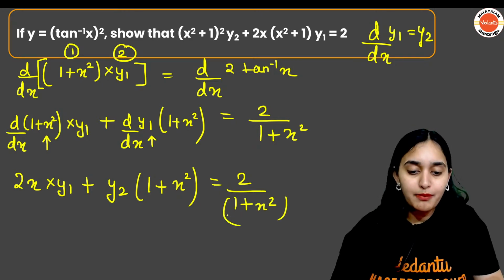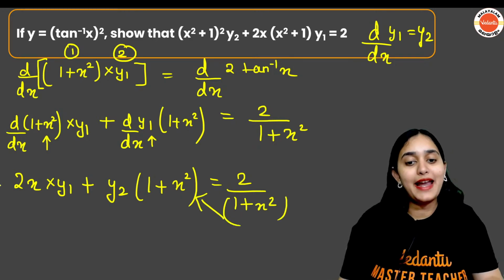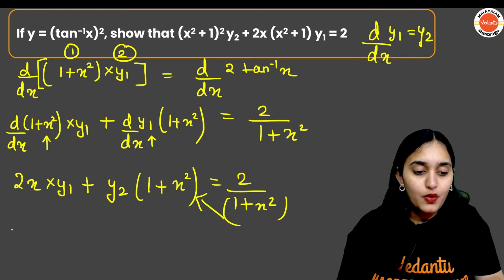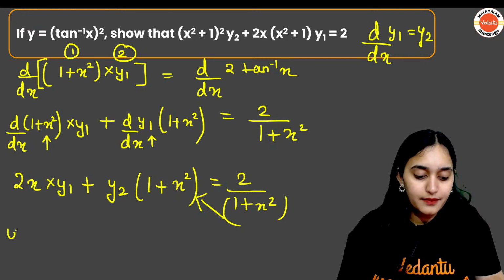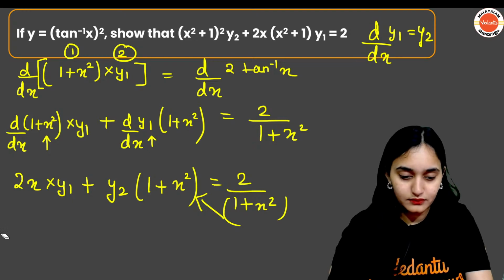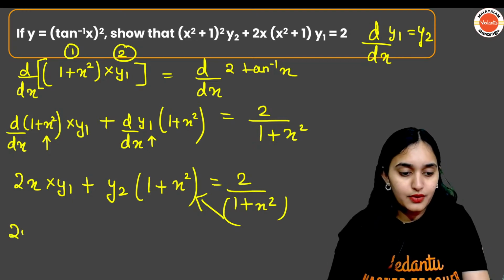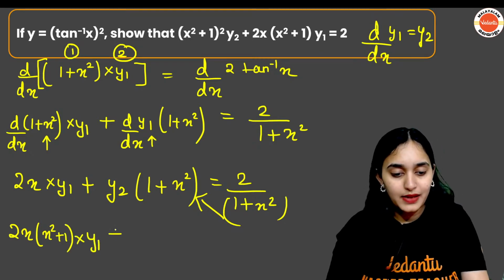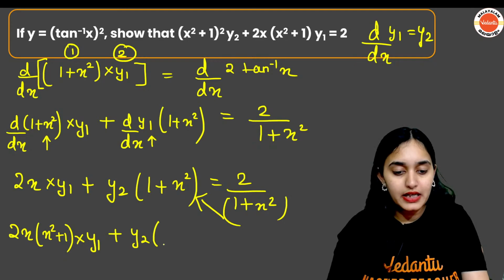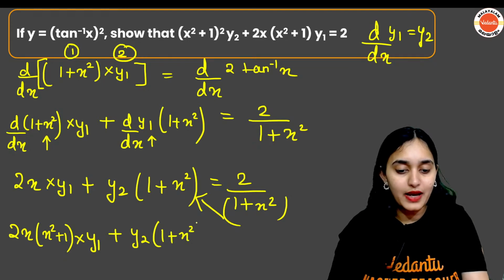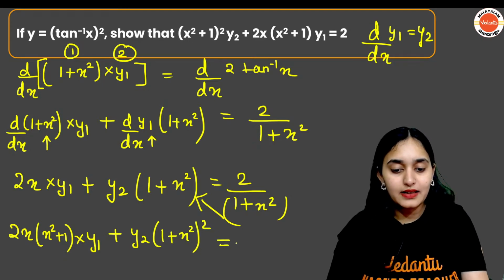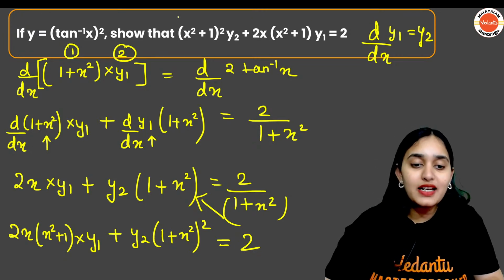Now simply bring this to the left hand side. What do we get? We get 2x into x square plus 1 into y1, plus y2 into 1 plus x square whole square, is equal to 2. Now just check.